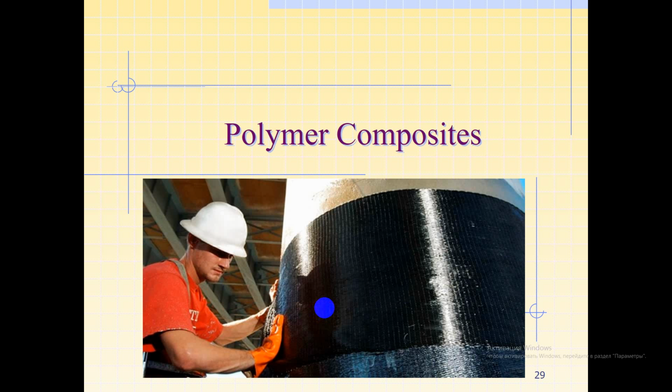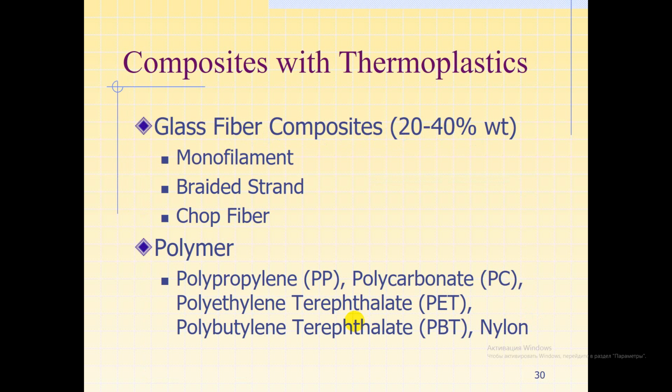Composite materials in the form of surface reinforcement are externally bonded non-metallic strips and consist of fiber, carbon, and can also be aramid or glass bonded together with a polymer matrix: epoxy, polyester, or vinyl ester. Composites with thermoplastics.